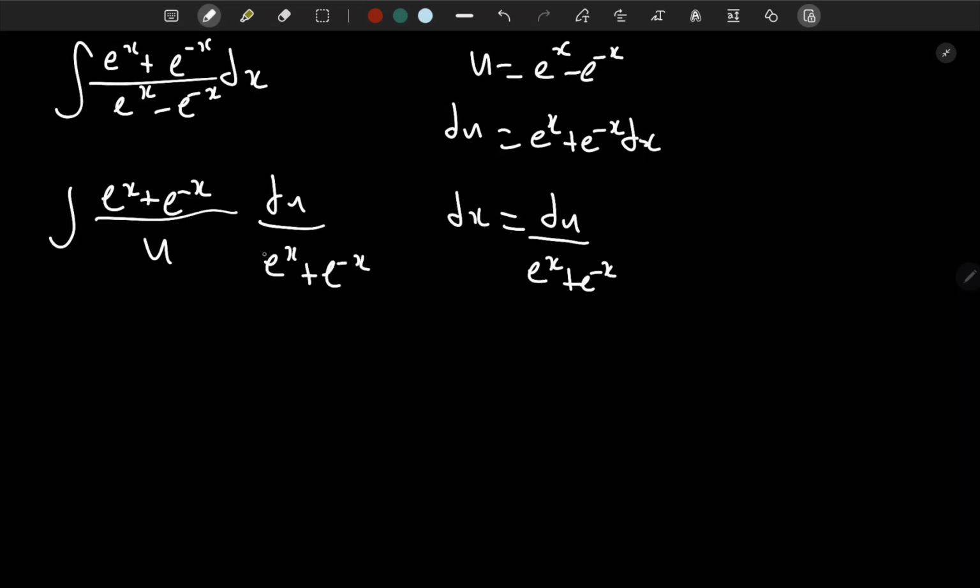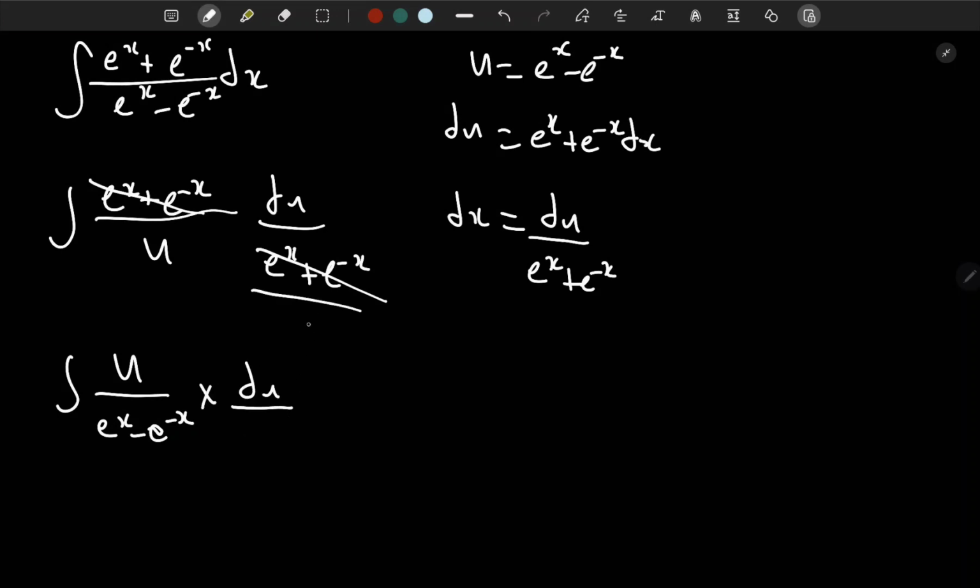So now you can see that we can cancel this with this. If we took the numerator here, it would have resulted in this u over this part times du over this part over here, so we wouldn't have been able to cancel it out.